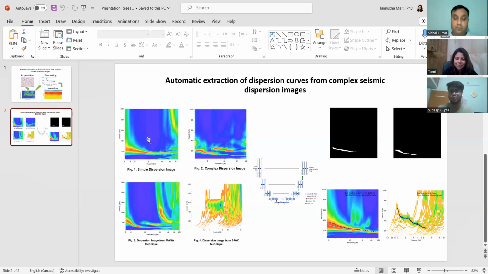So what I had to do was use the concept of transfer learning, because the domains are pretty similar. Whatever features my segmentation model learns in simple dispersion images, I hope that it could learn them or use them to extract the right curves out of complex dispersion images.